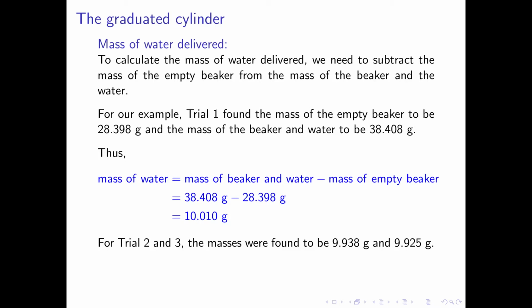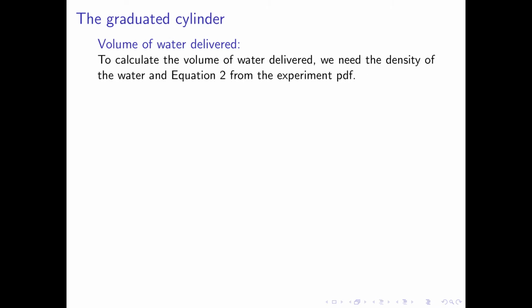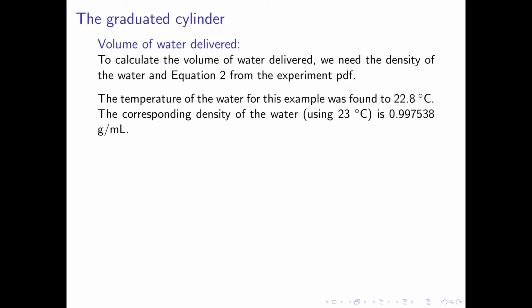For my data, trial 2 and 3 had masses of 9.938 grams of water and 9.925 grams of water. We can now calculate the volume of water actually delivered, again using equation 2 from the PDF and the previous density as determined. Since the temperature of the water has not changed, we use the same density, 0.997538 grams per milliliter.